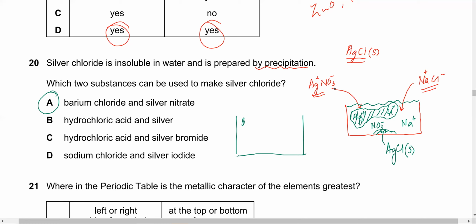So in the solution, there's going to be barium 2 plus, and you'll have Cl minus 1. So barium chloride is soluble, and silver nitrate is obviously soluble, because all nitrates are soluble. So इसमें, if Ag and Cl ions they combine together, they would form an insoluble AgCl solid.